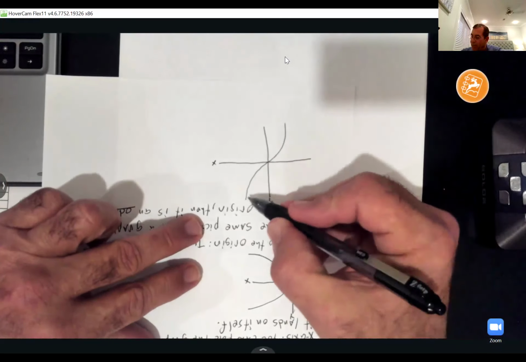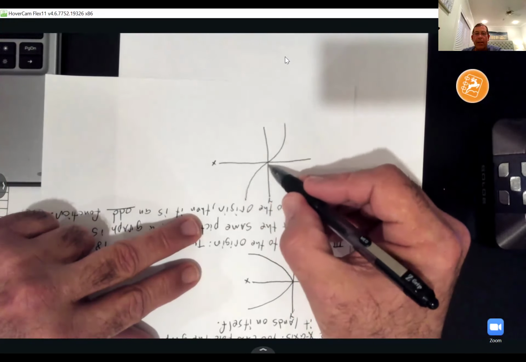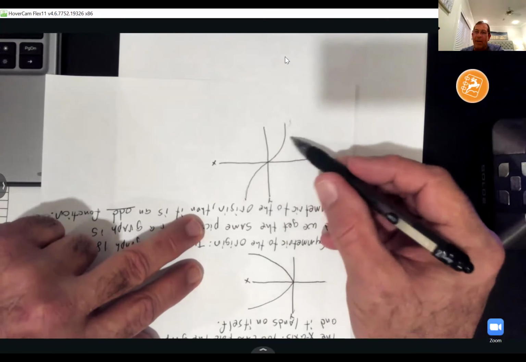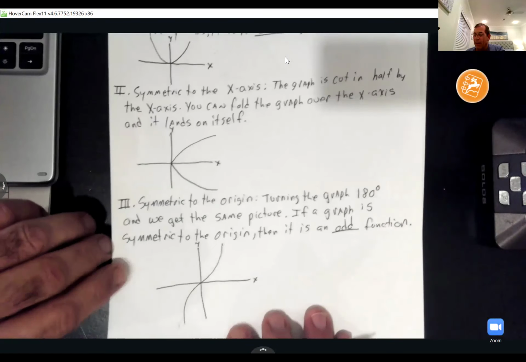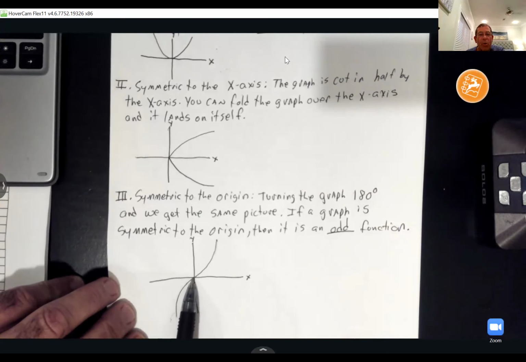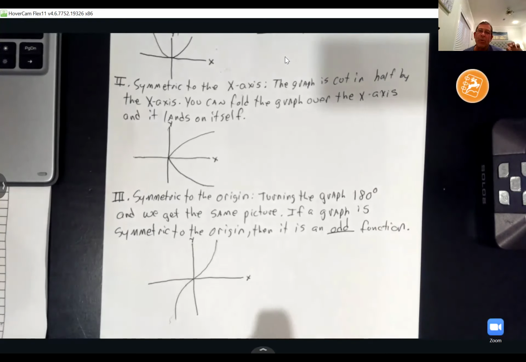And y'all look at my graph. It starts here and it's going uphill to the right. The same exact picture when I turn it upside down, okay? So that makes this symmetric to the origin, and it also makes it an odd function.